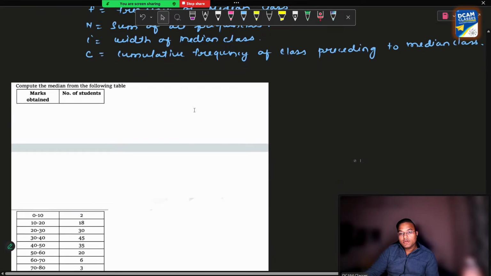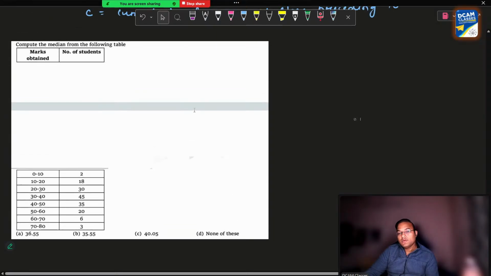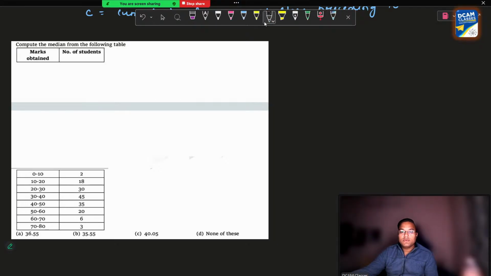So first you have to find out the median class. For that, you have to frame the cumulative frequency table. Let me do it. Let me write it here only.